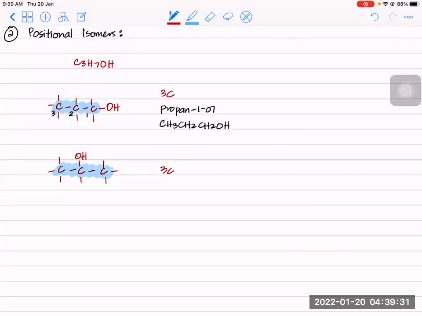So the chain does not change. The position of the functional group changes. And this becomes what? Propan-2-ol. Wherever you number from, this is propan-2-ol. Do you see the name is different? So they are isomers. And if you see, the structural formula will also be different. CH3, CH bracket OH, CH3.